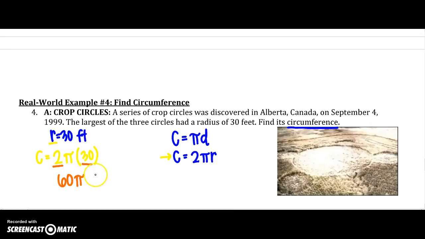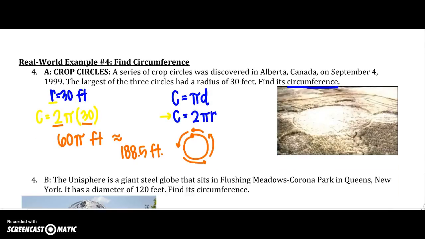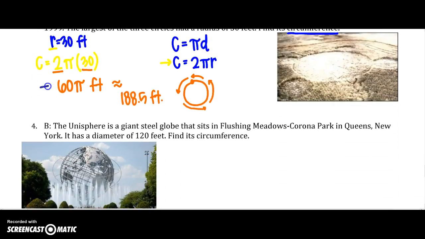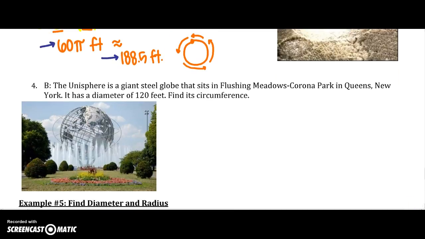So my answer could be 60 pi feet, or it could be approximately 188.5 feet. So that means if I have my circle from start all the way around to finish, my exterior portion is going to be 188.5 feet around. And yes, you can leave it in pi terms, or you can leave it in a decimal.